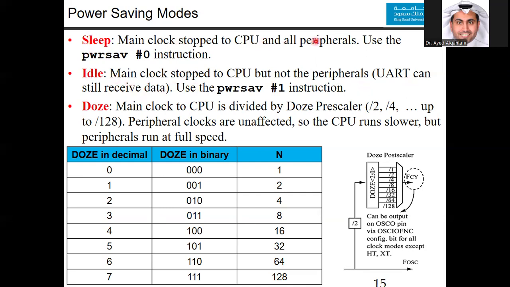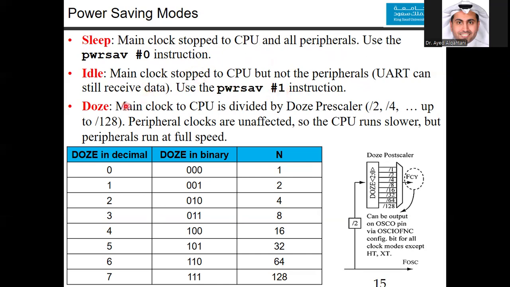But in the sleep, all the main clock will be stopped for the CPU and all the peripherals. The instruction to force the system to go to the idle mode is called PWRSAV #1, or you could use the reserved word, which is IDLE in capital letters.